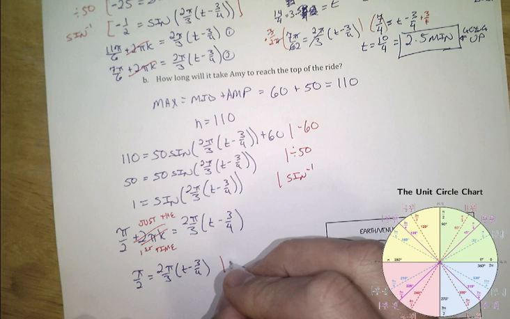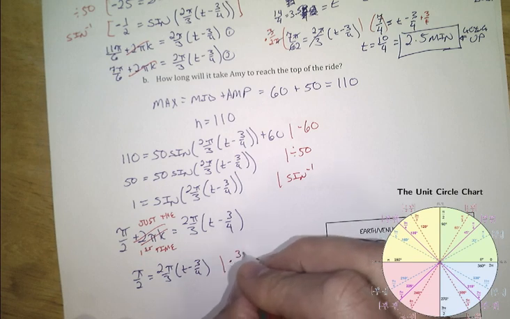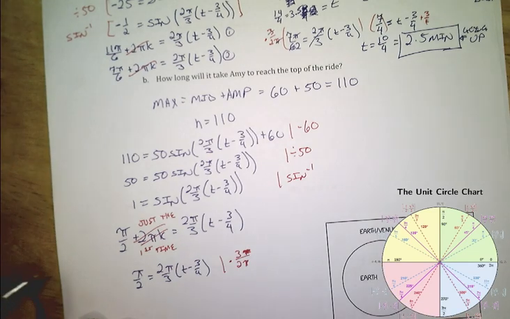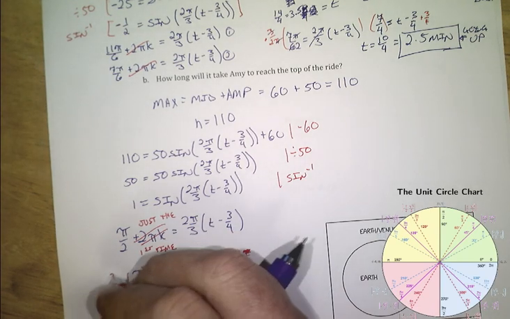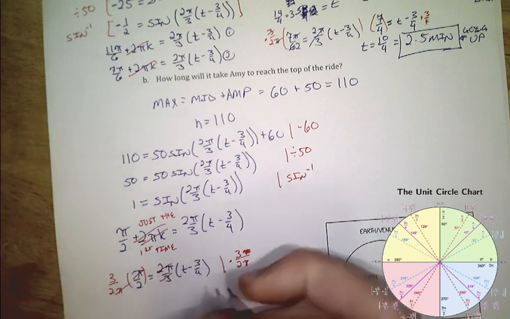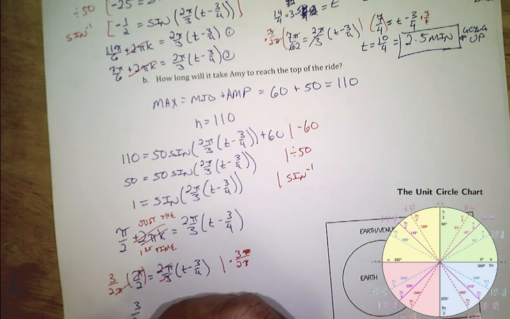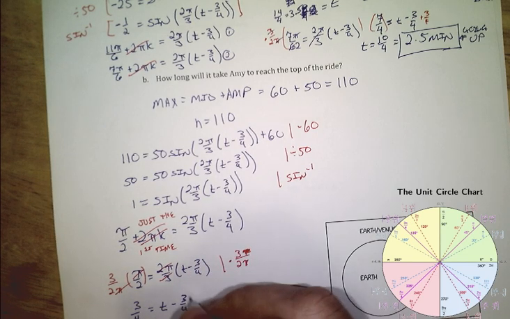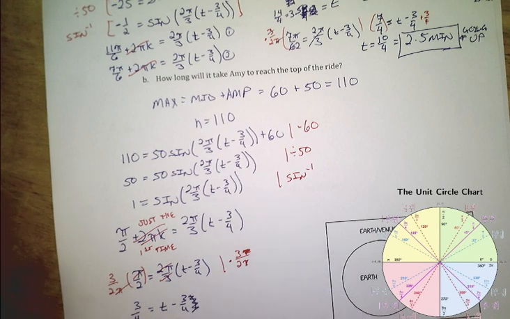Let's go ahead and multiply both sides by the reciprocal, 3 over 2 pi, to cancel out that bit. The pi's cancel out, leaving us with 3 over 4 is equal to t minus 3/4. Oh, don't need the parentheses.